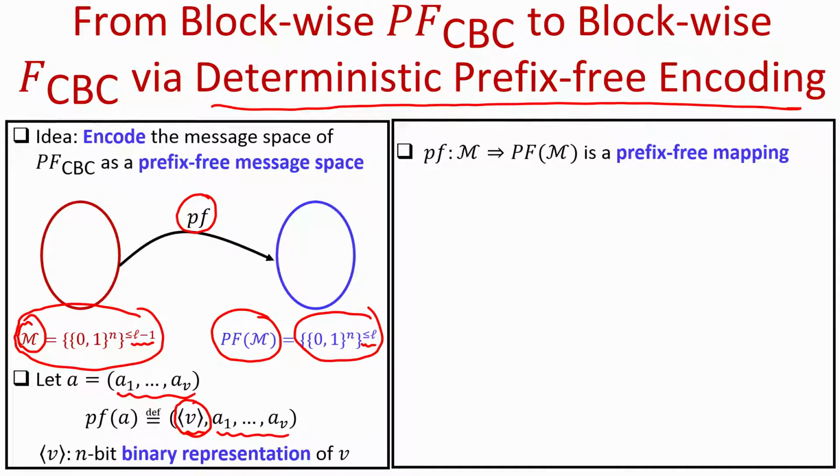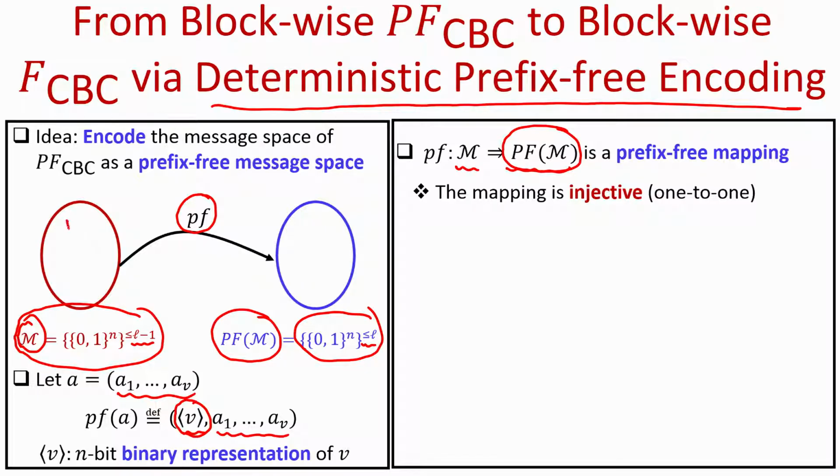Now let us prove that the deterministic encoding indeed constitutes a prefix free mapping. That means the mapping from the message space, which could be a non prefix free set, gives you an encoded set which constitutes a prefix free set. That is what we want to prove. First, it is easy to see that the mapping is injective, namely one to one.